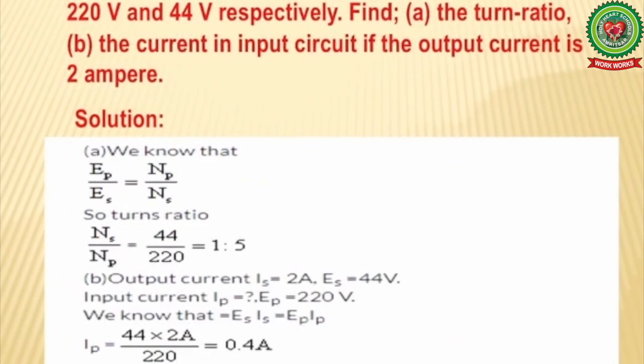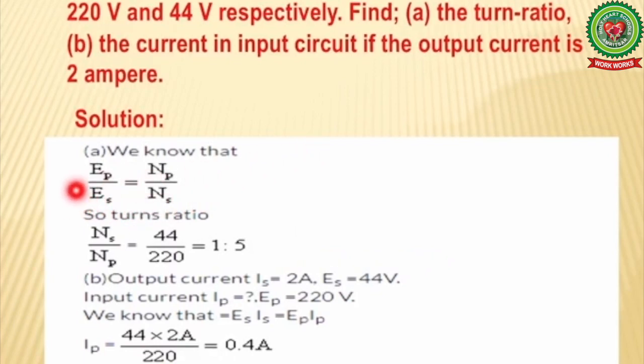Let us discuss one more numerical. The input and output voltages of a transformer are 220 volt and 44 volt respectively. Find A, the turn ratio, and B, the current in input circuit if the output current is 2 ampere. Solution. As we know, Es upon Ep is equal to Ns upon Np.